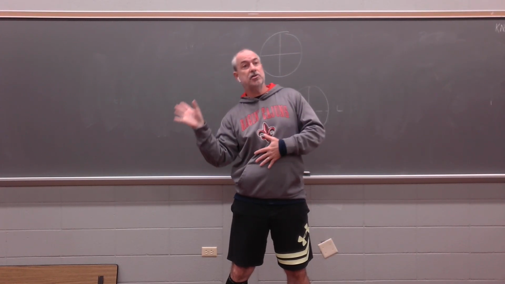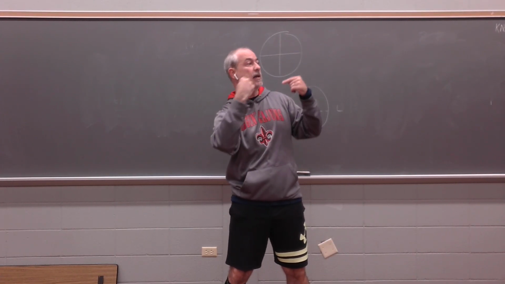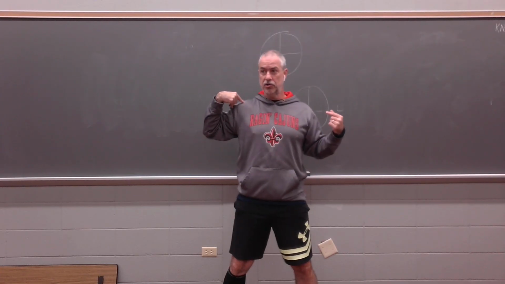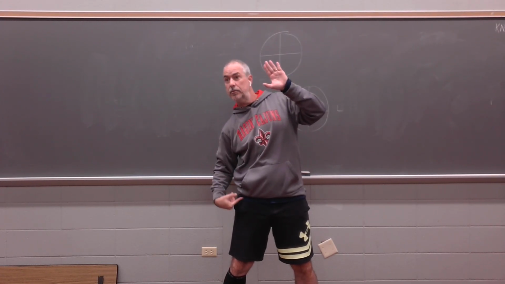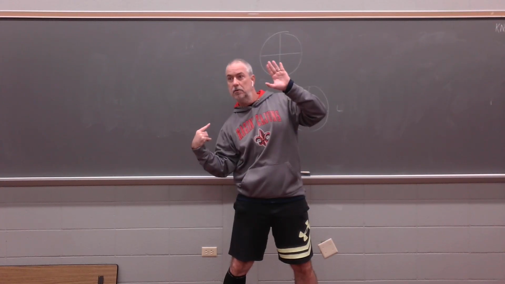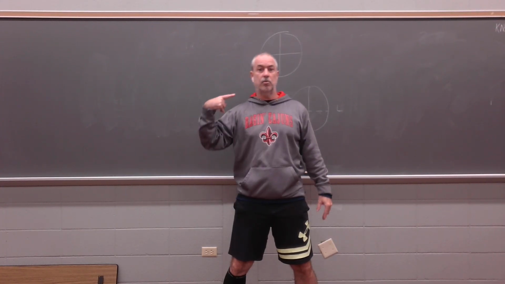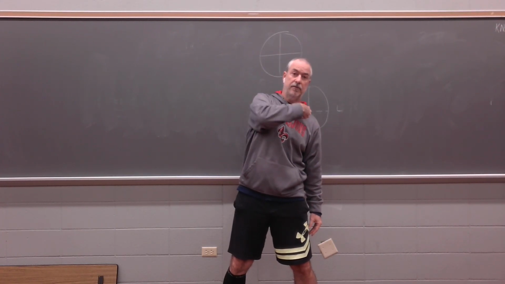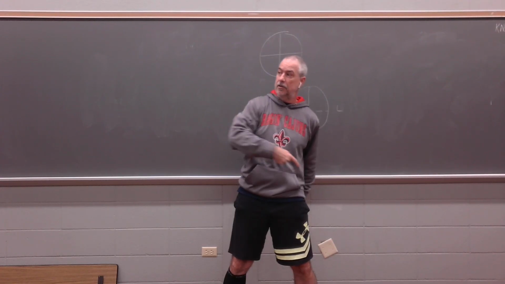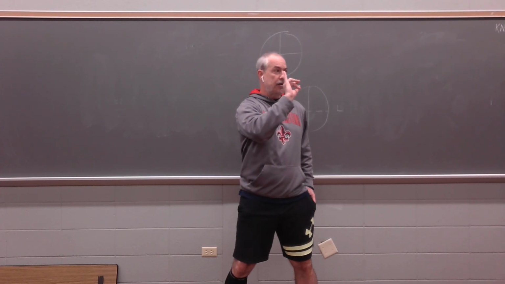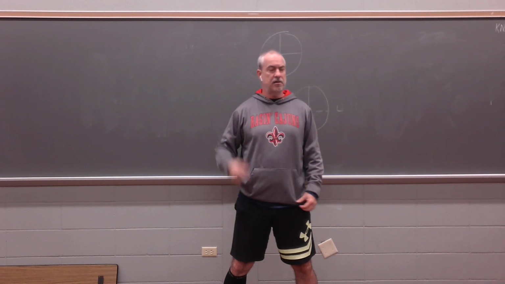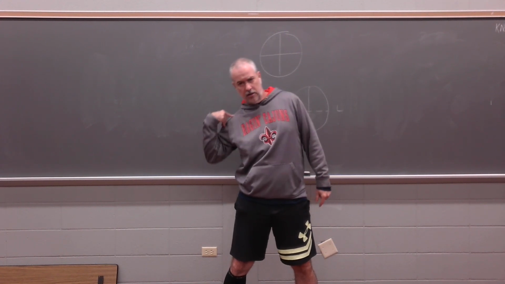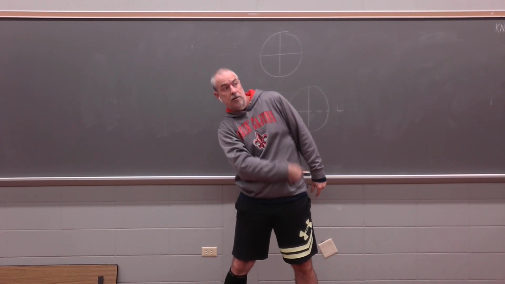When the trunk sways to the right, let's think about landmarks. My right shoulder, when it sways to the right, is going to get closer to my right hip. When I sway to the left, my left shoulder is going to get closer to my left hip. Now, here's the trade-off. Swaying from anatomical, easy to see, got closer. But if this one got closer, this one got further away.